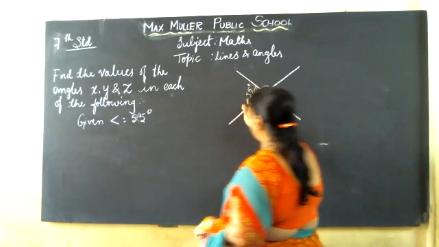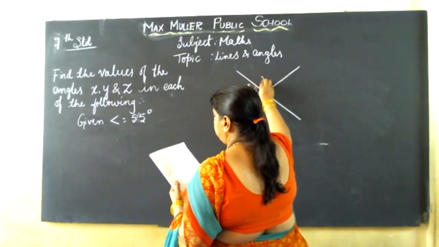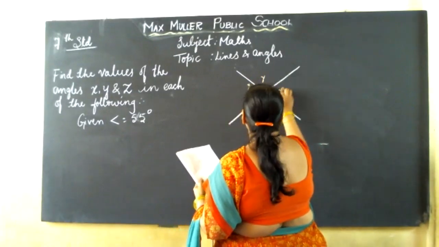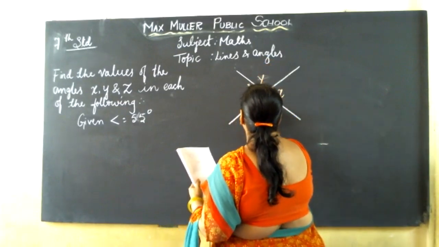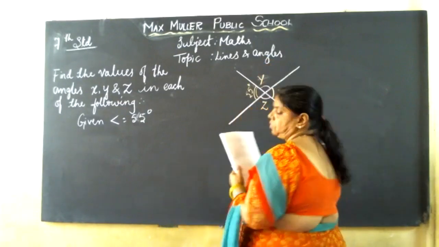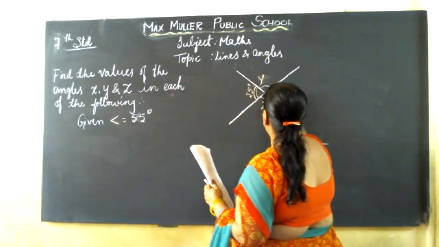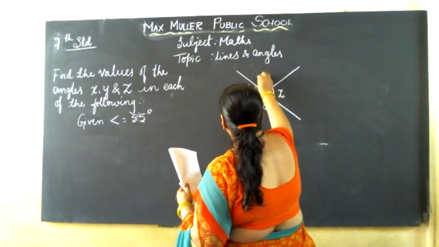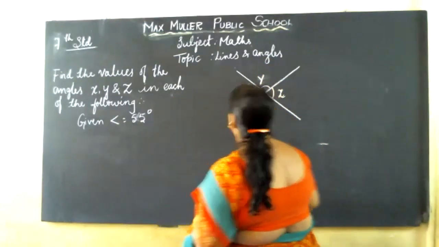So I written for 55 degree. Now, X, this is X, Y, and Z. Alright, here we have to find the value of X, here, Y, and Z.